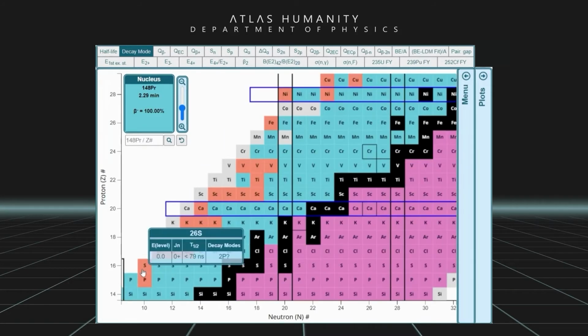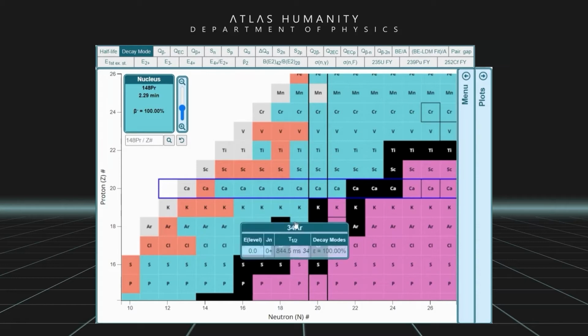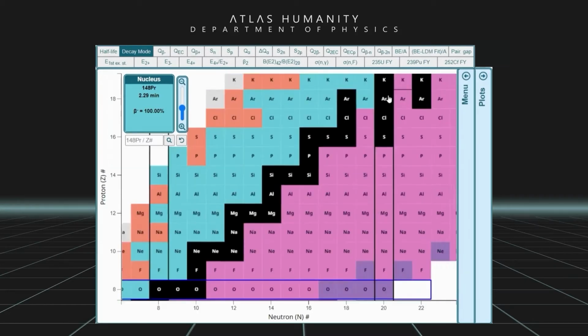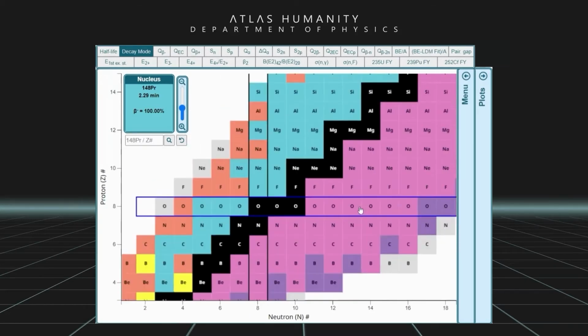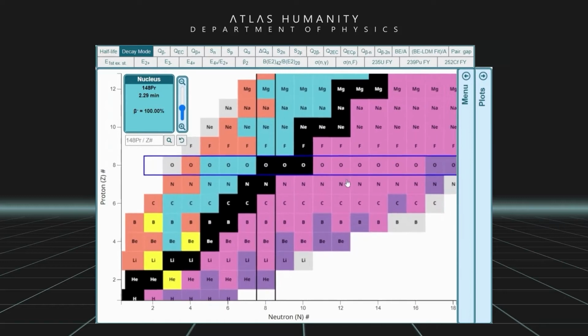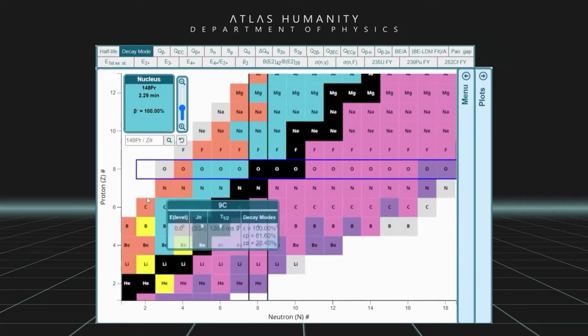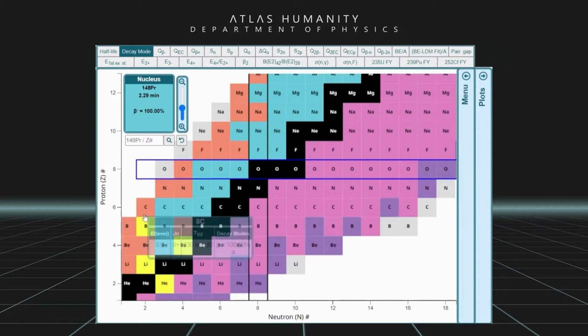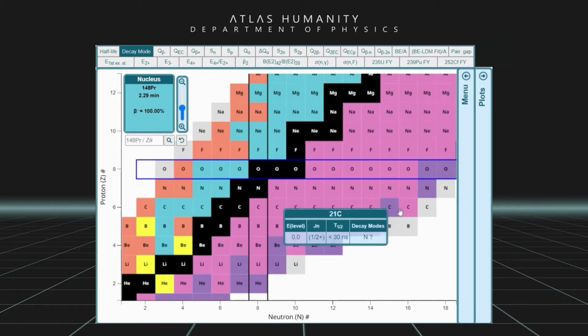So let's see carbon. Where is carbon? You are all familiar with carbon, the 6th element of the periodic table, so we have 6 protons in the carbon atom, right? Here are all the variations in neutrons of carbon.